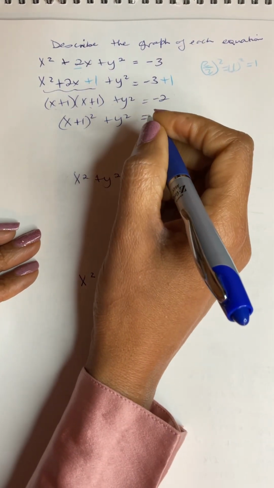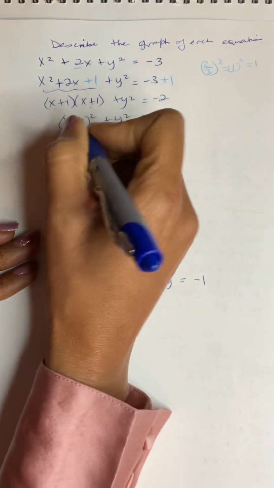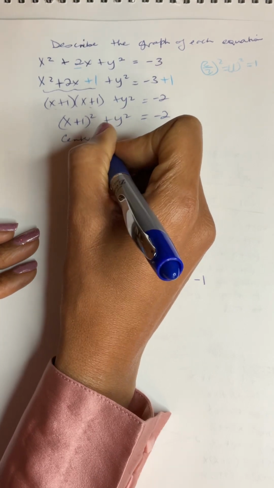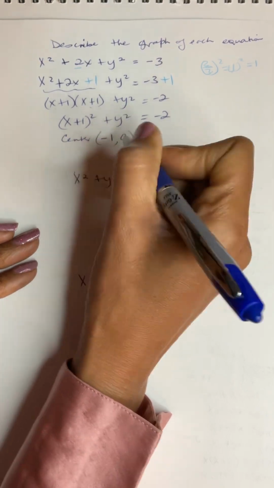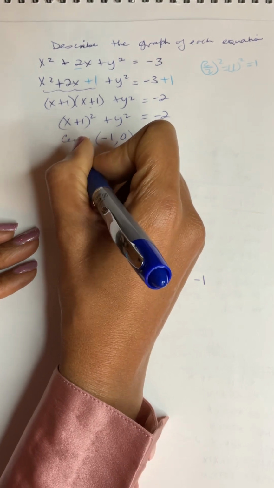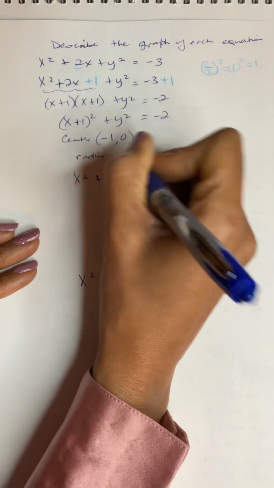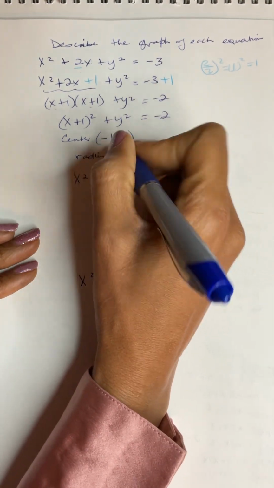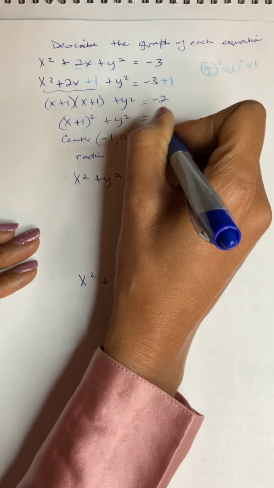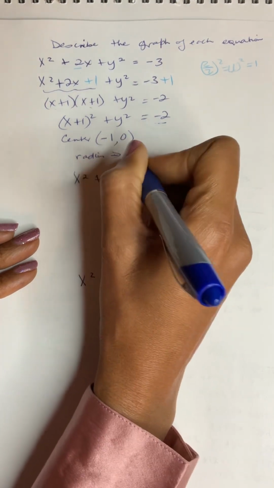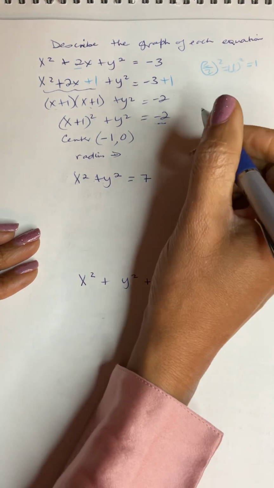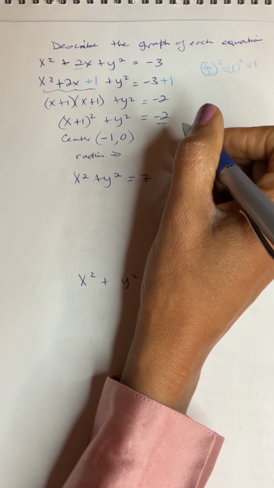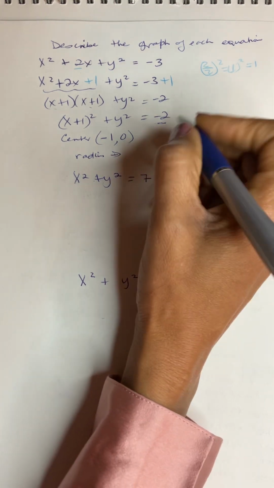Now, when they speak of describing something, what you can see here is your center is going to be -1, 0. Your r, your radius, is going to be right here. This is going to be the square root of -2, because -2 is a negative value. Because you have a negative value there, this is going to be what we call an empty set.